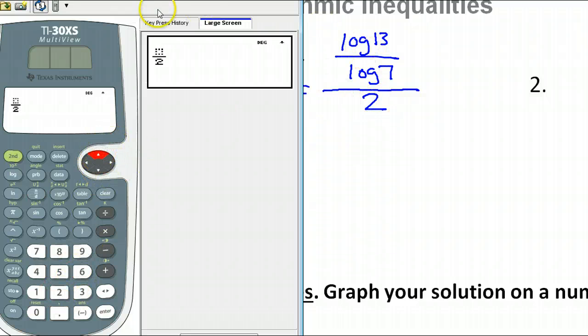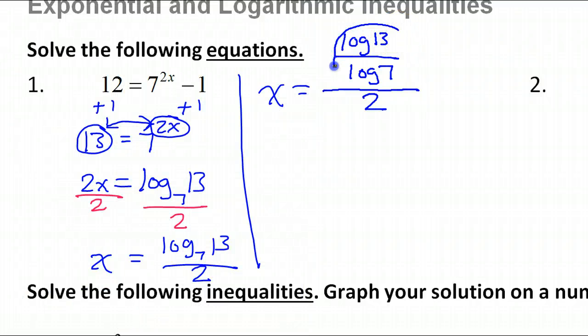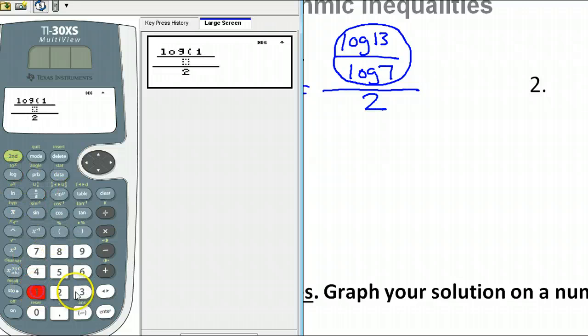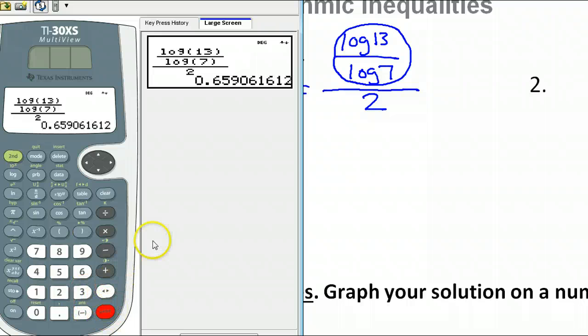The numerator has a fraction in it, so in the numerator, I make another fraction. And so now I could go log 13 over log 7. So that's why this is the answer, 0.66.